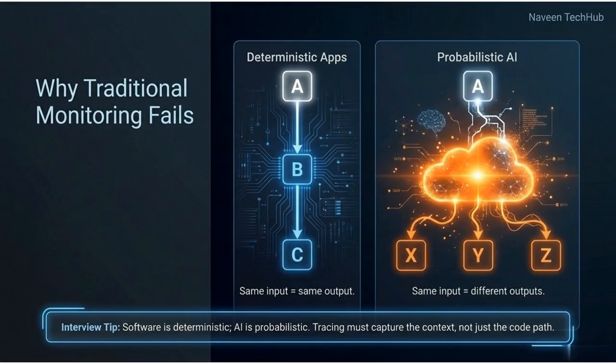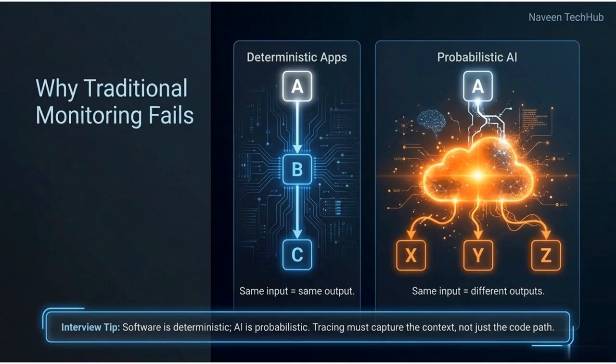This becomes clearer when we compare deterministic software with probabilistic AI. In traditional software, if we provide the same input and follow the same code path, we normally expect the same result. We can think of it as A goes to B and B goes to C. An LLM is different.